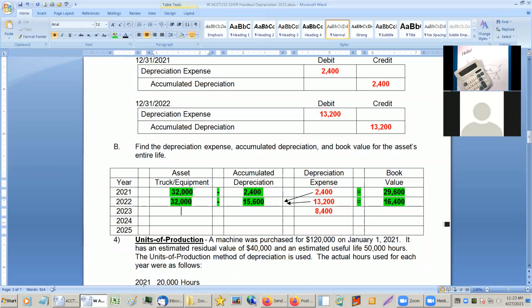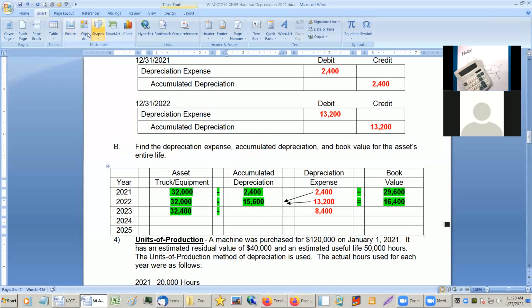All right. And in year 3, same 32,000. It's going to be all 3 of those together. And you can just take the 15,600 plus the 8,400. That's probably an easier way to do it.